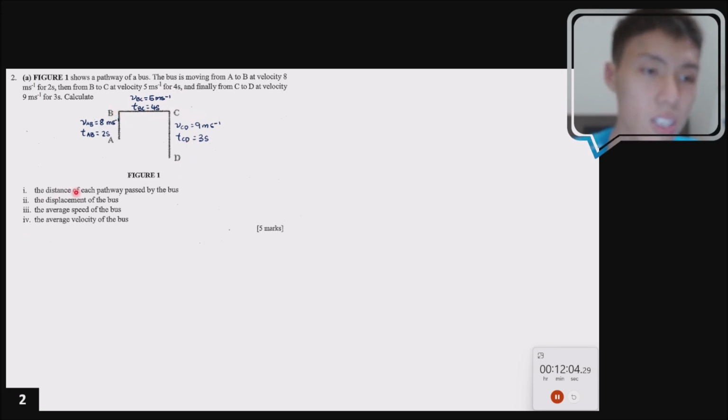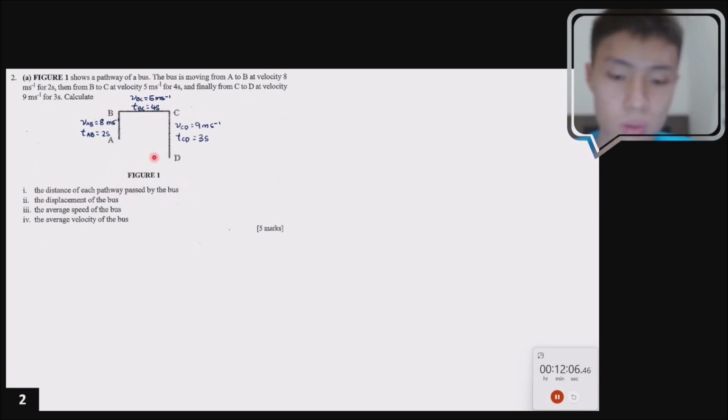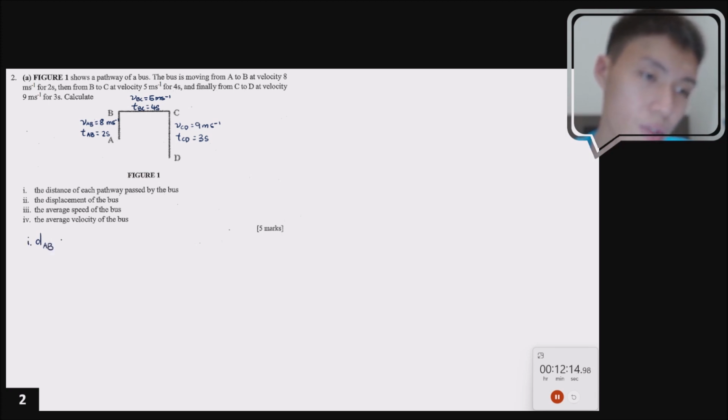They ask for the distance of each pathway passed by the bus. So distance of each pathway, we'll probably call it D. D of AB, question 1. D of AB is V of AB multiplied by T of AB. We are assuming constant velocity. They didn't specifically write constant, but they only give you one value.